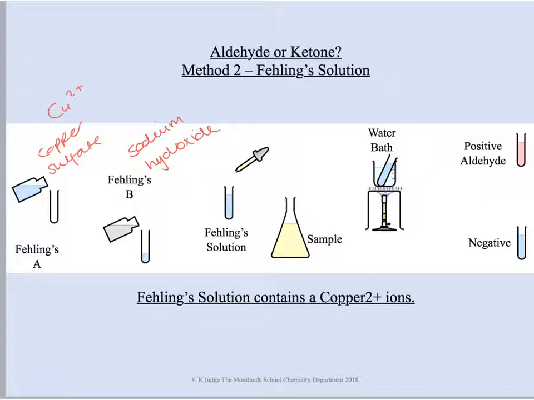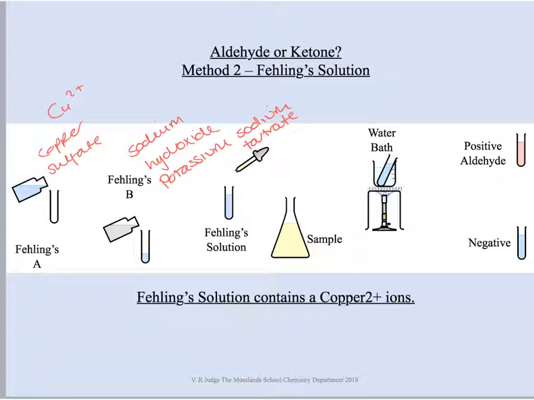So Fehling solution B also contains a substance called potassium sodium tartrate. And its job is to complex with the copper 2+ ions and keep the copper 2+ ions in solution so that it can react with your sample, and it prevents the copper 2+ from just reacting with the hydroxide straight away. So the most important part of this is that your Fehling solution contains aqueous copper 2+ ions.